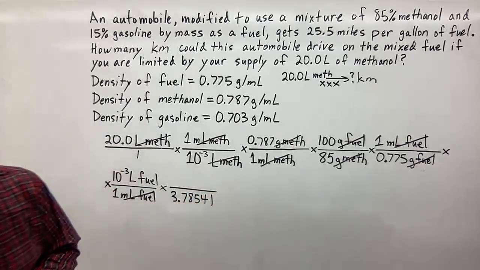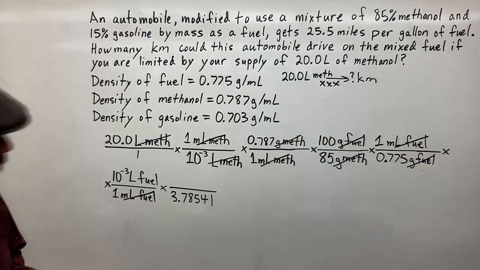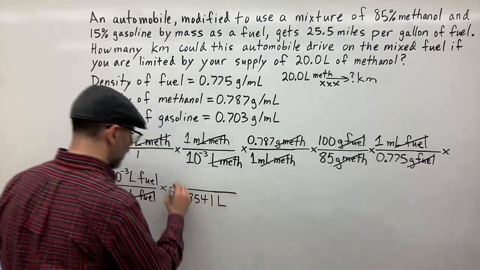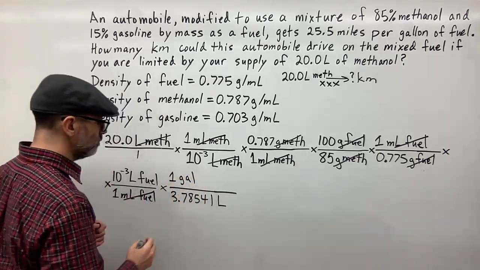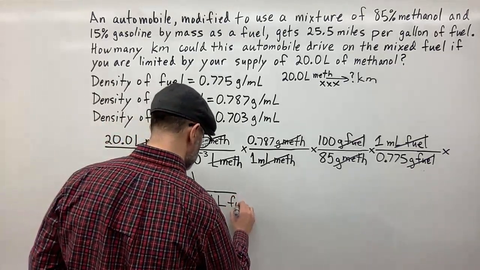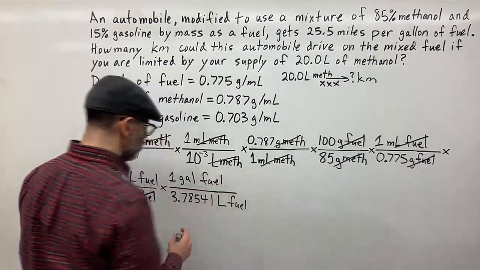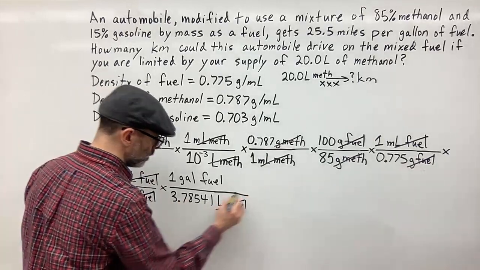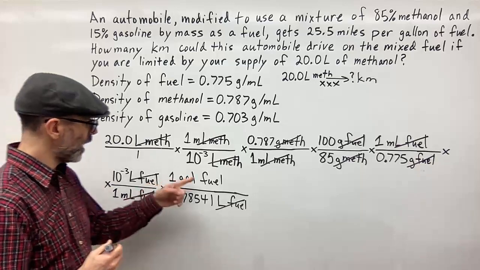Let me double check that. 3.78541. So this is liters, and that's equal to 1 gallon. And this is fuel and fuel. So liters of fuel cancel out. And now I have gallons of fuel on the top.